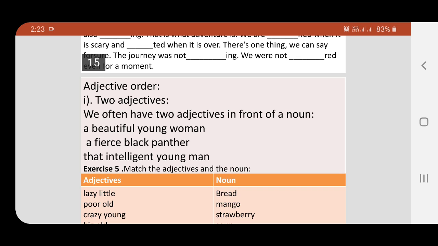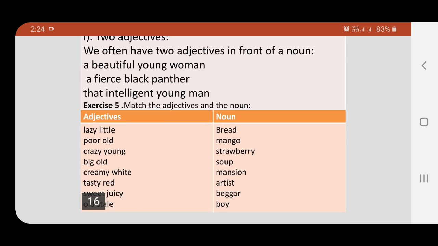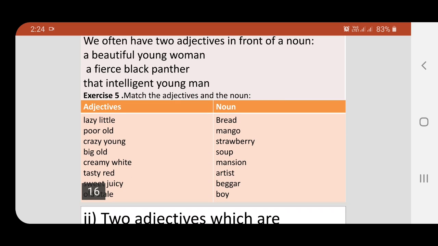That intelligent young man. Intelligent is an adjective, young is an adjective. So this is one adjective order, where we use two adjectives in front of a noun. I have given some examples.